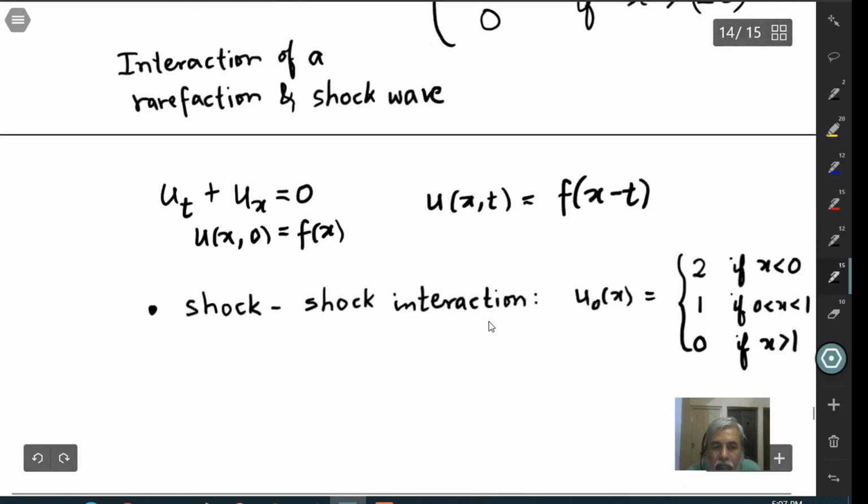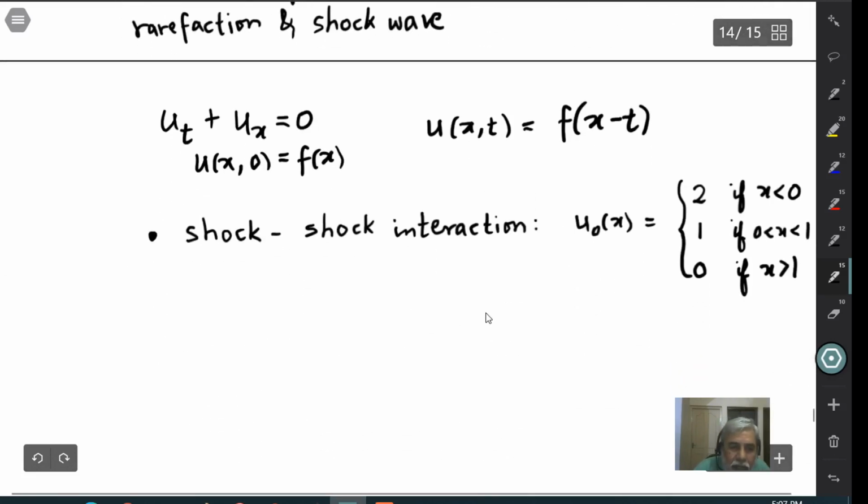That we can again study, but computations are not easy all the time. We can also analyze what happens if two rarefaction waves interact.